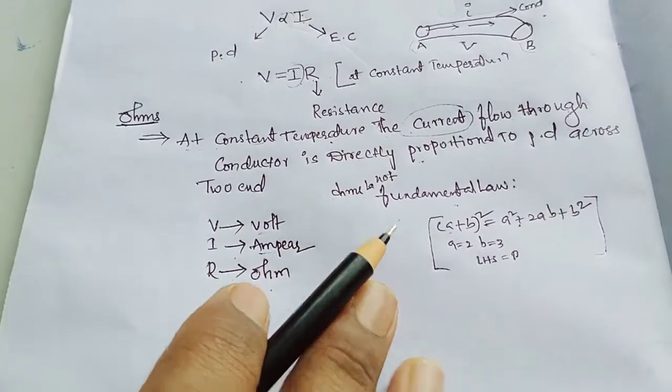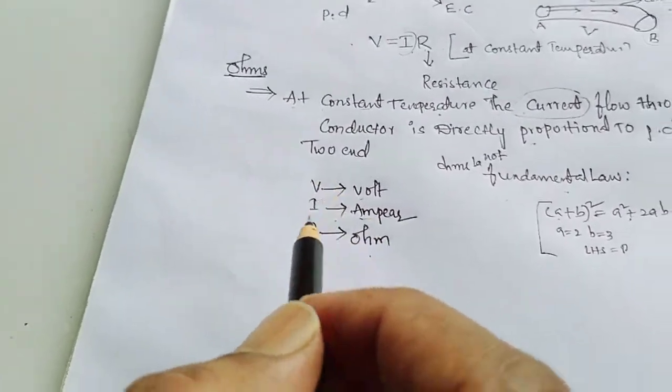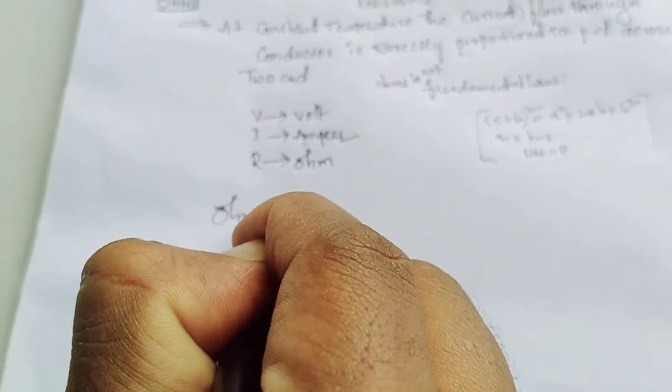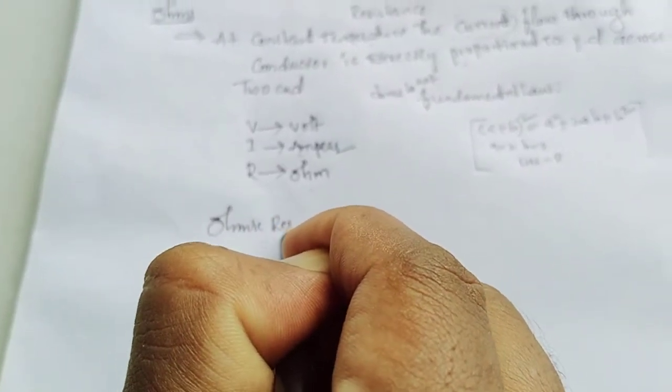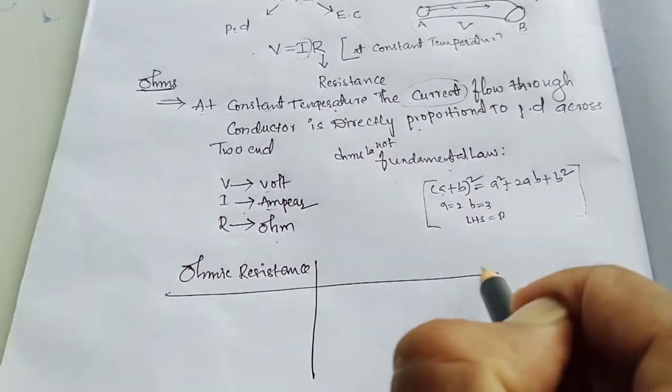We classify conductors into two types: ohmic resistance and non-ohmic resistance.